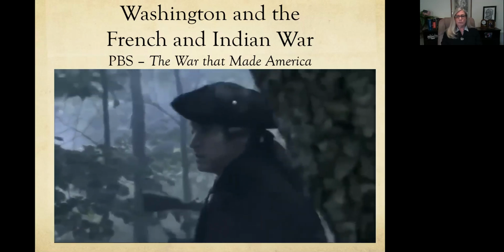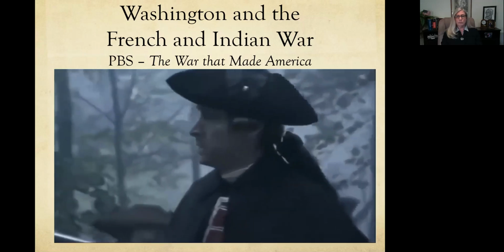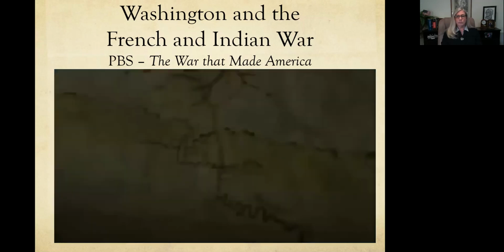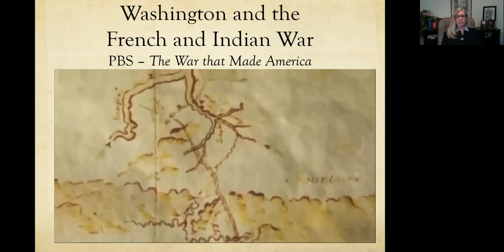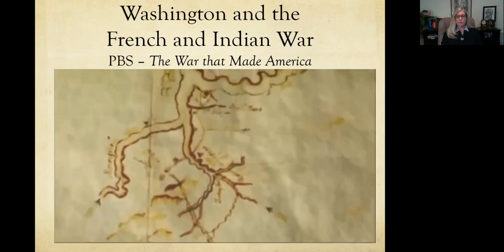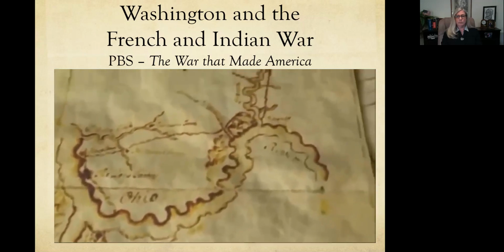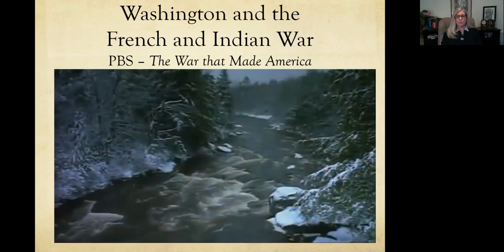Brimming with ambition, imposingly tall, he is well-connected and eager to make a name for himself. Washington draws his own map of the journey that will take him past the forks of the Ohio to Fort Le Boeuf near Lake Erie, a 500-mile journey that gets underway just as winter sets in.